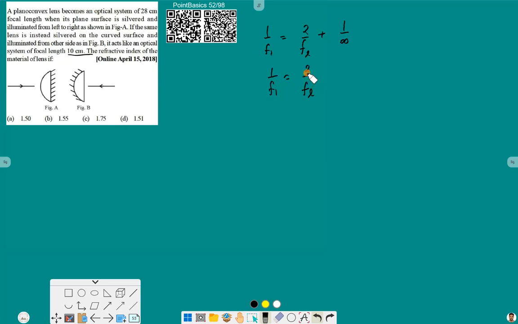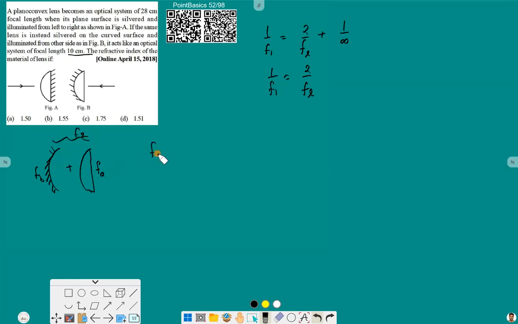Now for the second system, we have to solve them separately, because here we have a concave mirror, and plus we have a plano convex lens. For the plano convex lens, suppose its focal length is fa, the mirror's focal length is fb, and their combined focal length is f2.